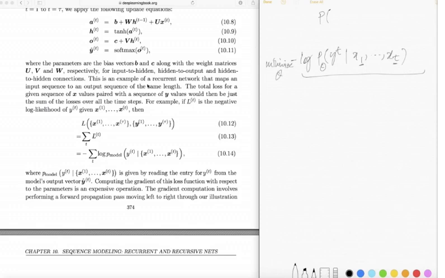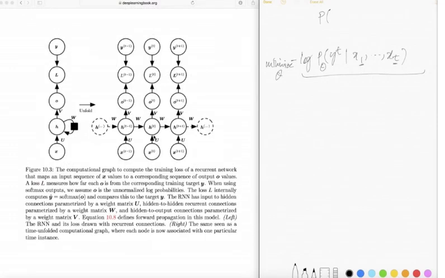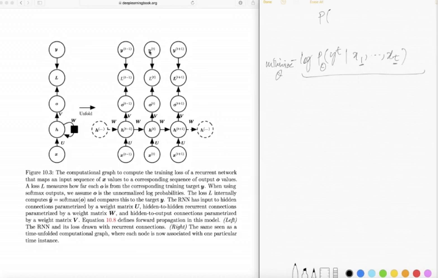Minimize the minus the log of p theta yt given all the previous inputs. Because at one instant, at yt, I want to maximize this probability or minimize the negative log of this probability. I want to choose theta such that I maximize this probability.